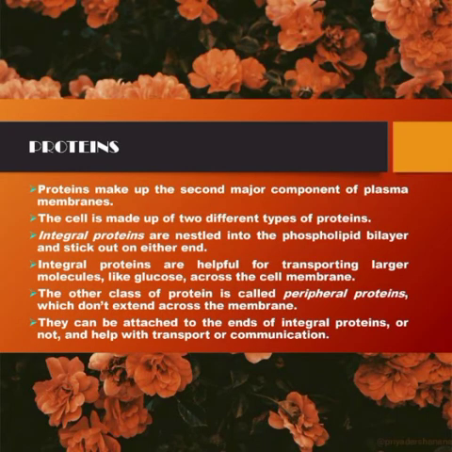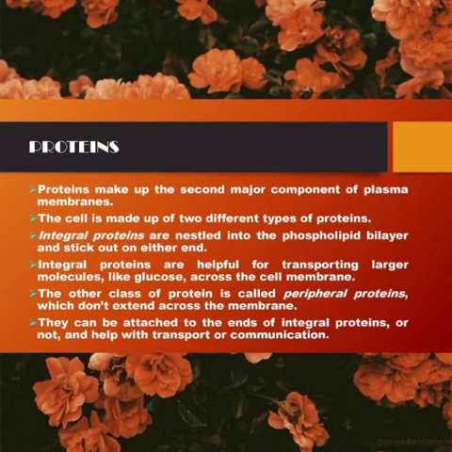Next, protein. Proteins make up the second major component of plasma membranes. The cell is made up of two different types of proteins, as I have mentioned before. One is integral proteins, another is peripheral proteins. Integral proteins are, as their name suggests, integrated completely into the membrane structure, and their hydrophobic membrane spanning regions interact with the hydrophobic region of the phospholipid bilayer.